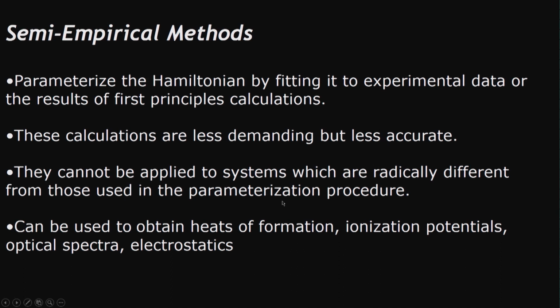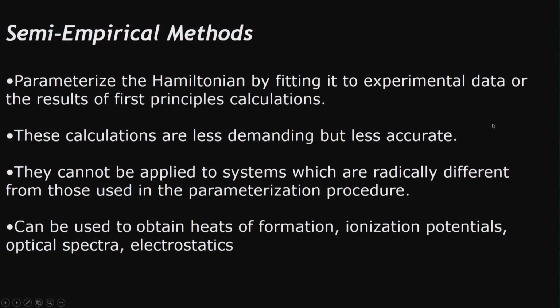Just like your molecular mechanics, although we can sometimes use it, accuracy wise they are not really very accurate. It can be used for different systems, but if they are too much different, then it is not correct. We can use semi empirical methods for calculating heat of formation, ionization potentials, that is, if I ionize a molecule, what is the energy required, optical spectra, electrostatics.